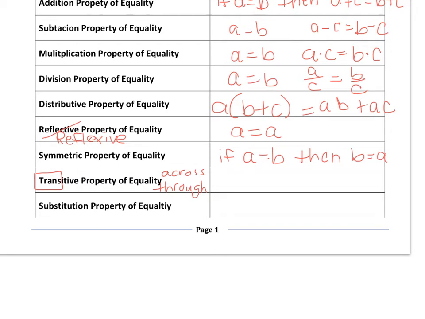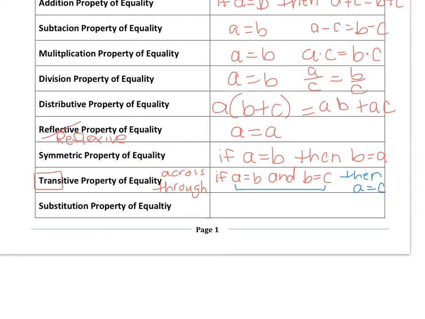So with the transitive property of equality, we're transferring value across three different things. For example, if A equals B and B equals C, then you can see that A must equal C. We're almost transferring the value of A over to C across three entities. We're going to be using this property quite a bit.